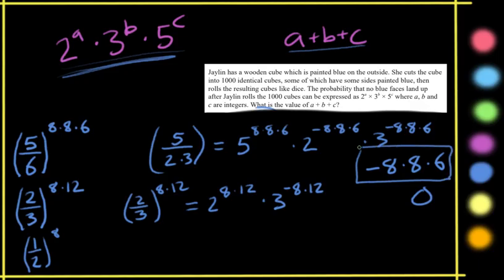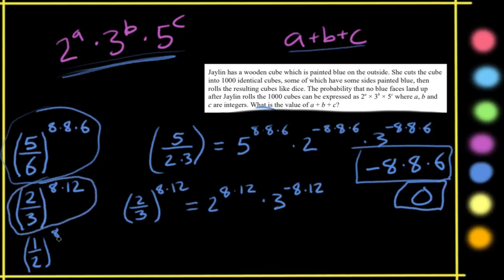So this is the a plus b plus c coming from this one. This is the a plus b plus c coming from this one. And then you have 1/2 to the 8th, which is going to be 2 to the minus 8. So the a plus b plus c from that one is minus 8. Okay. So basically, if we do this all together, we have minus, let's see.